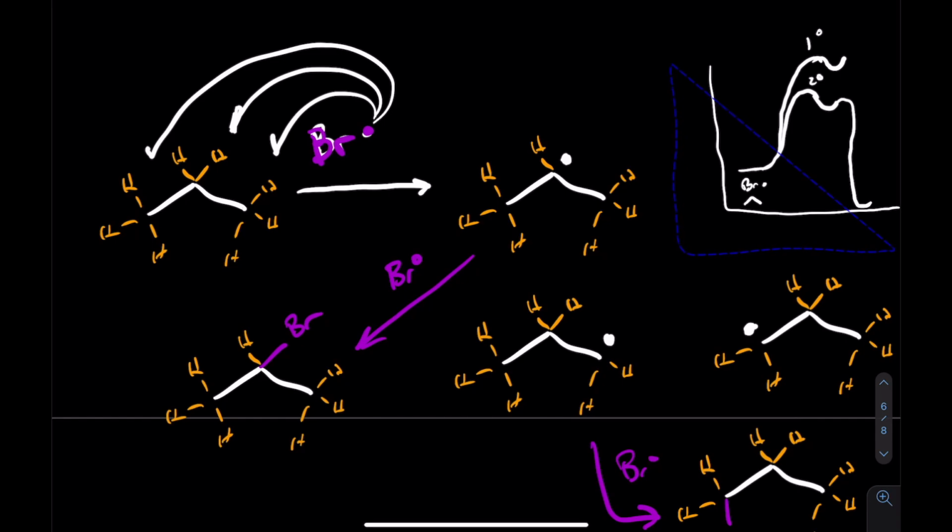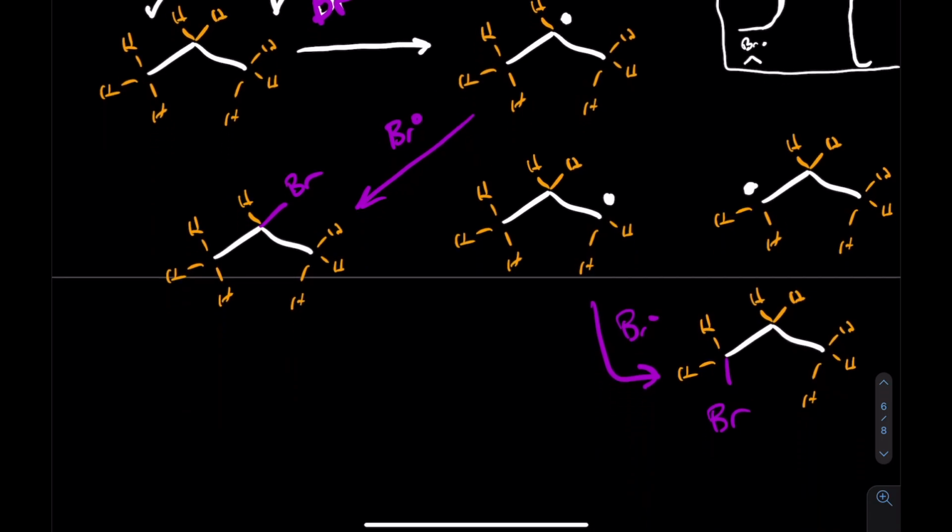So your final product really is not going to make a whole lot of difference. These two are going to be about as energetically stable as each other. There's no real benefit to having a bromine in the middle, although you may have some sterics between bumping into the two of these versus only having to bump into that one.